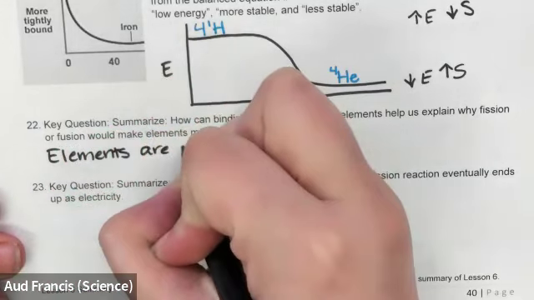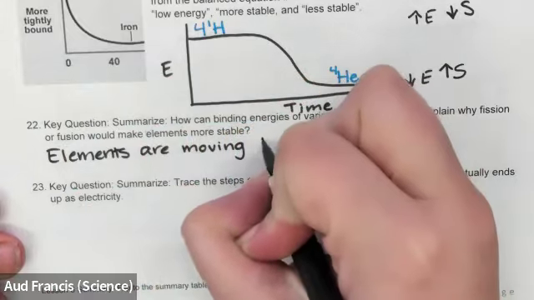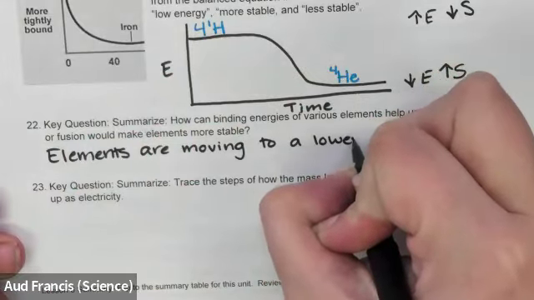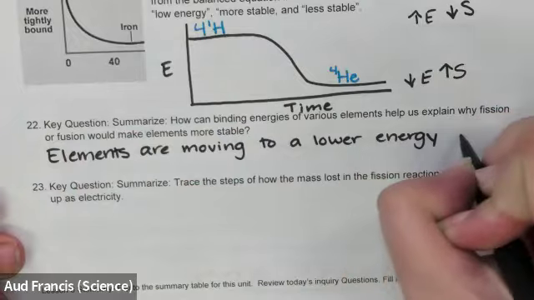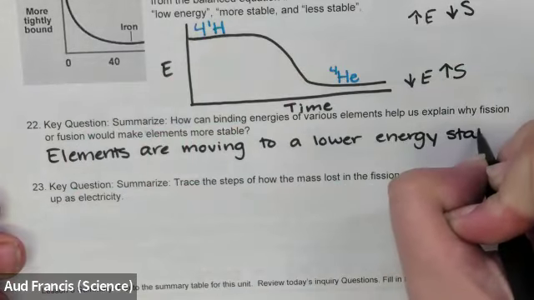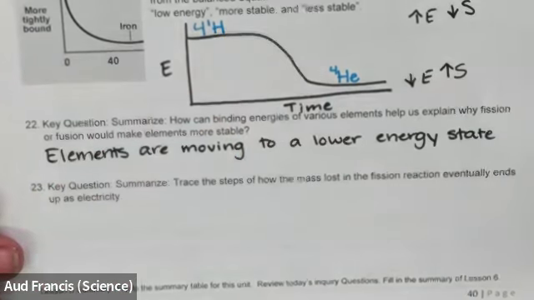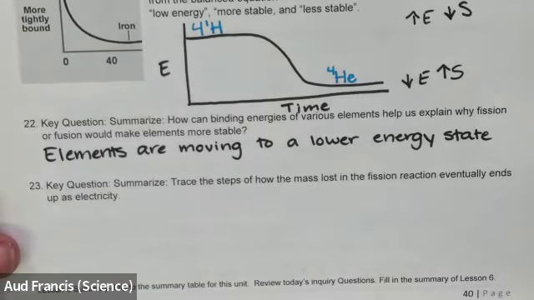the elements are moving to a lower energy state. Okay. That lower energy state makes them more stable.